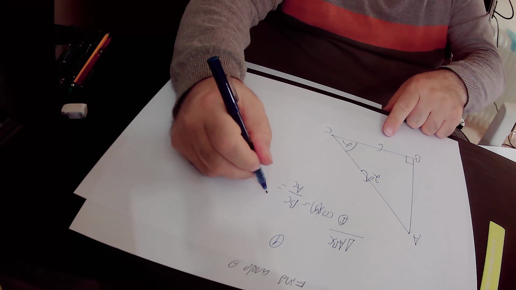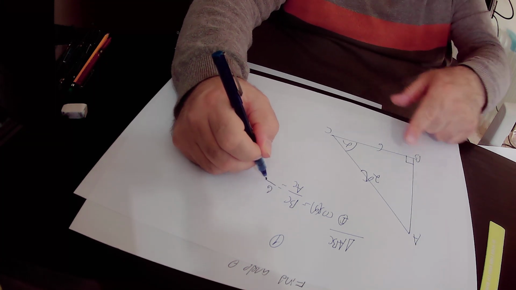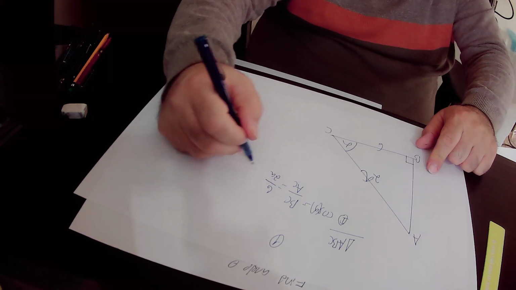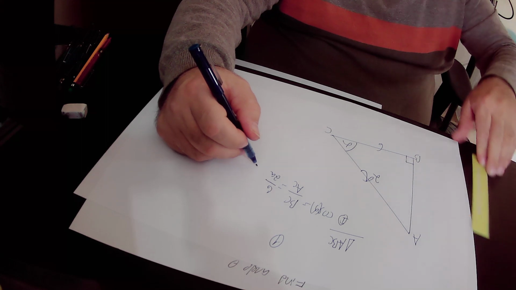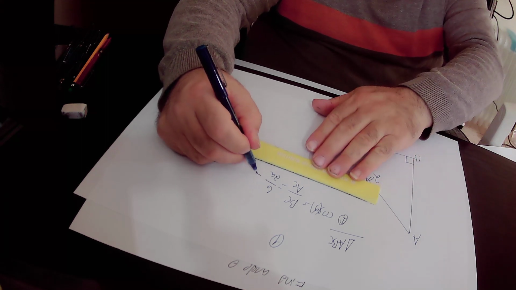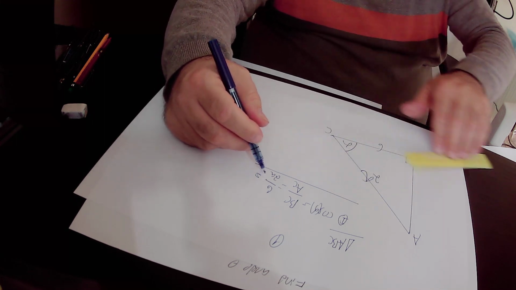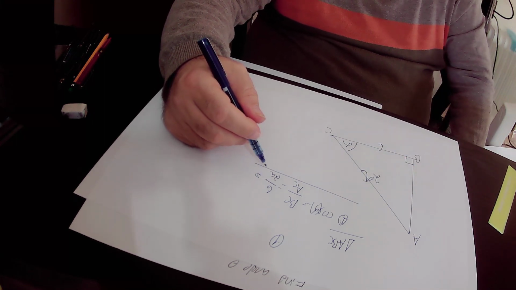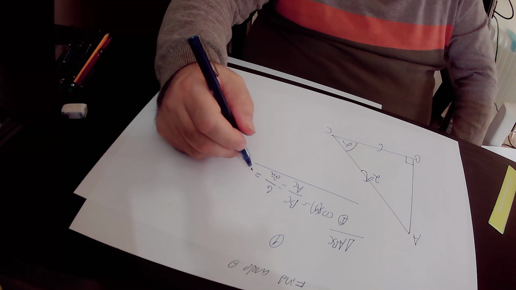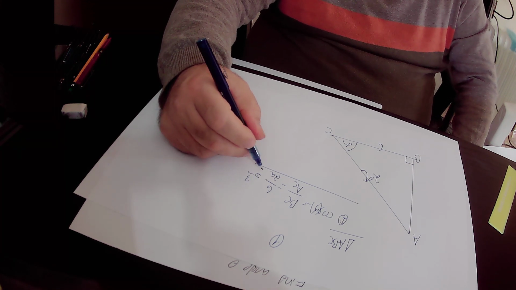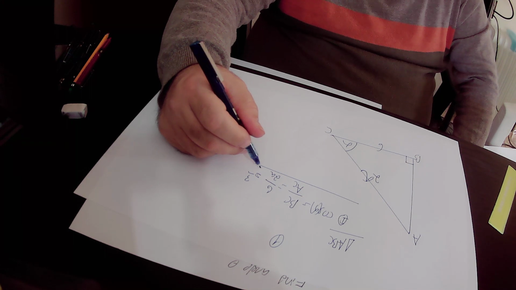BC equals 6 units according to what is given in the question, and AC equals 2a according to our definition. So here we will divide both the numerator and the denominator by 2, and we get that 6 over 2 is 3, and 2a over 2 is a.